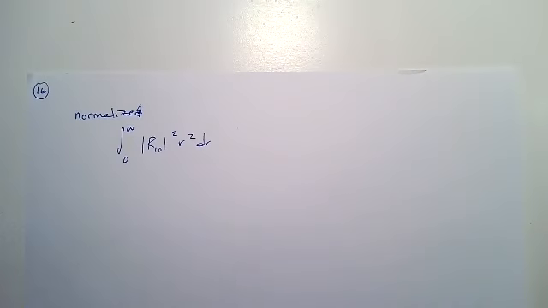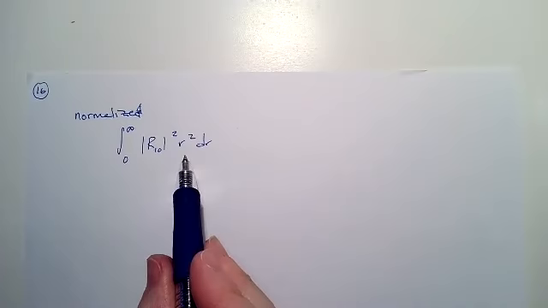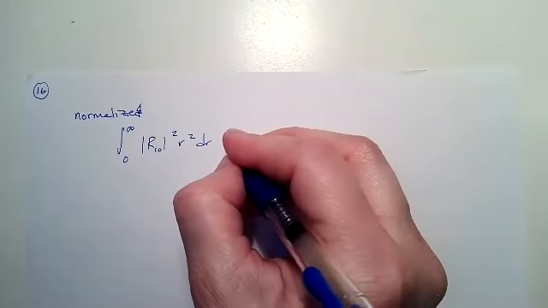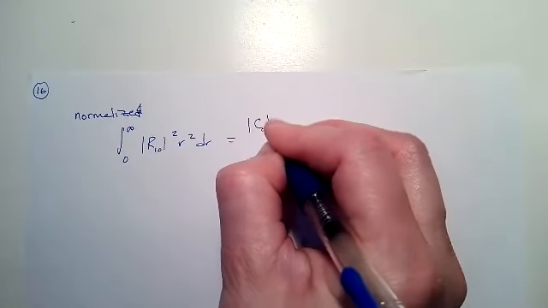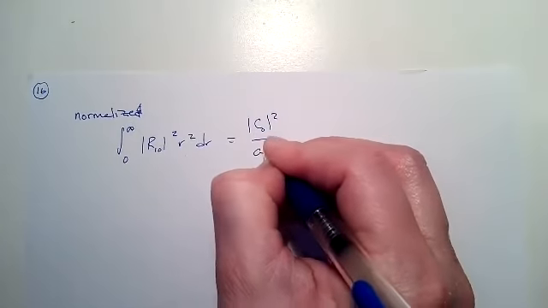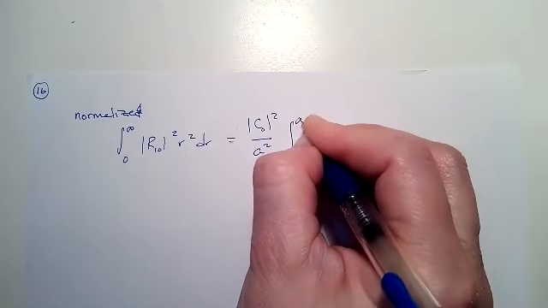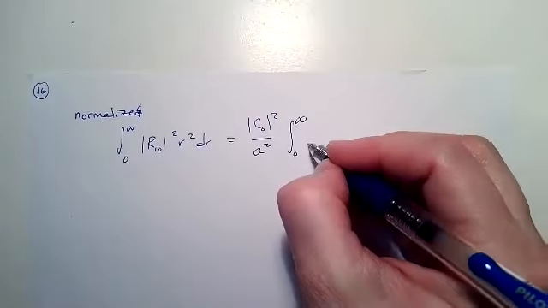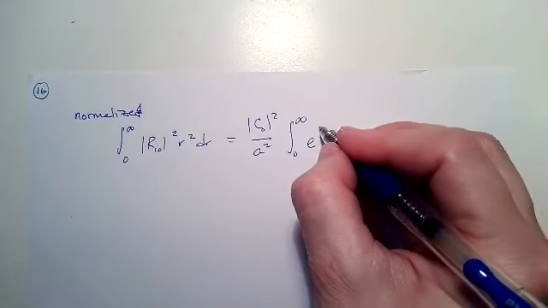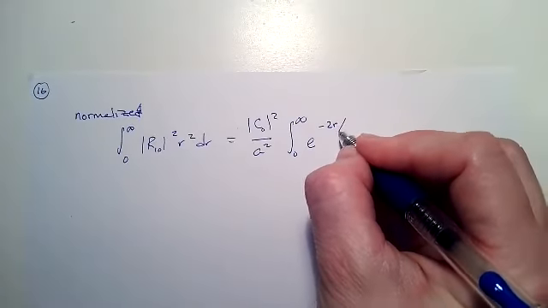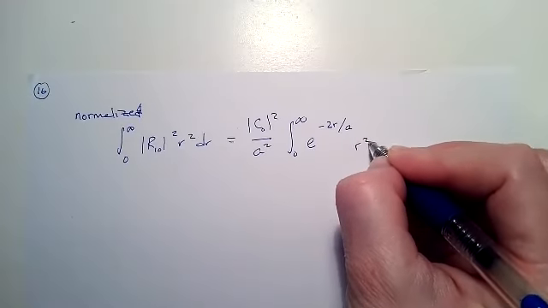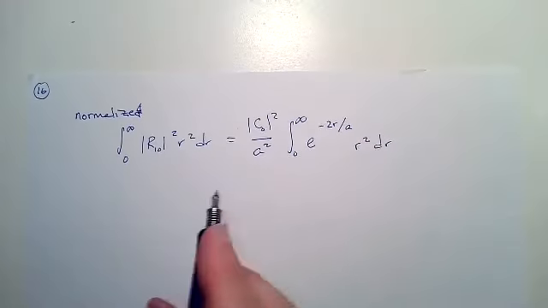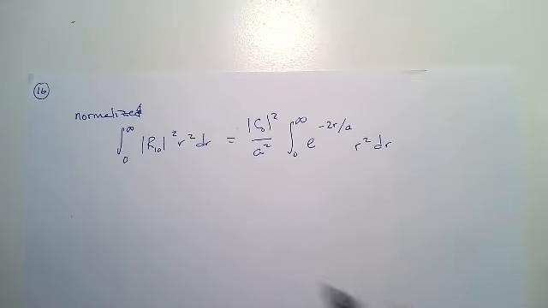Remembering what our normalization conditions are for spherical, we have this extra term. We get something that looks like this, and this is saying that it exists in all r, so from 0 to infinity in r. And we would have to integrate this.